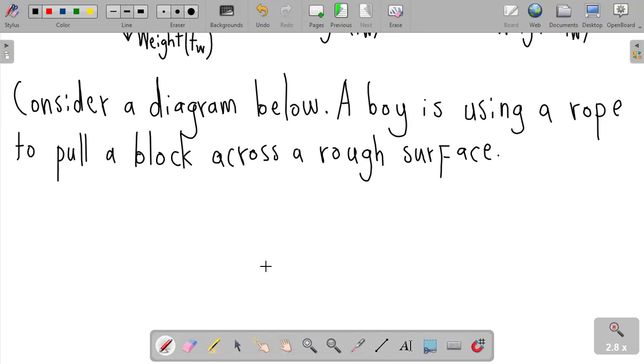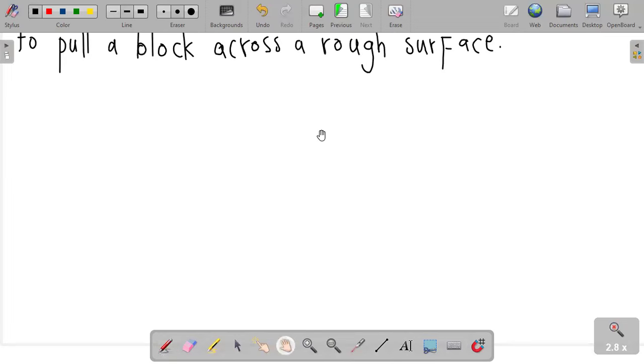So we have a block of mass m, and the block is being pulled by a boy.